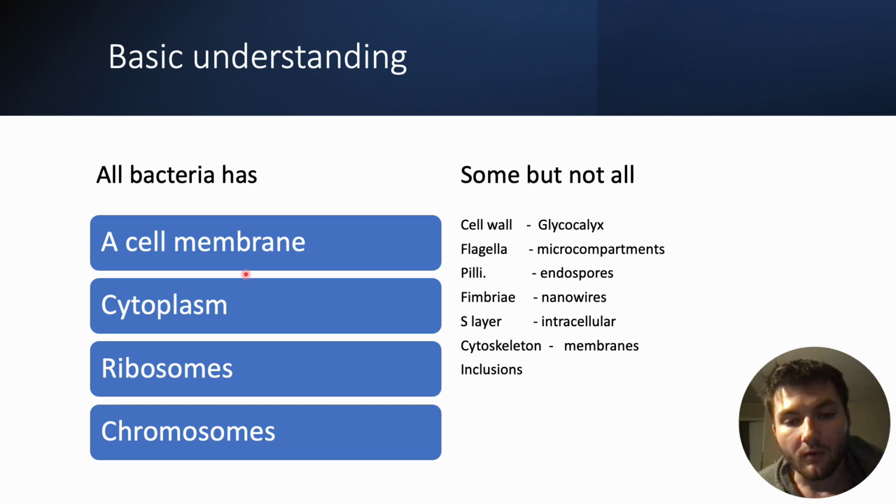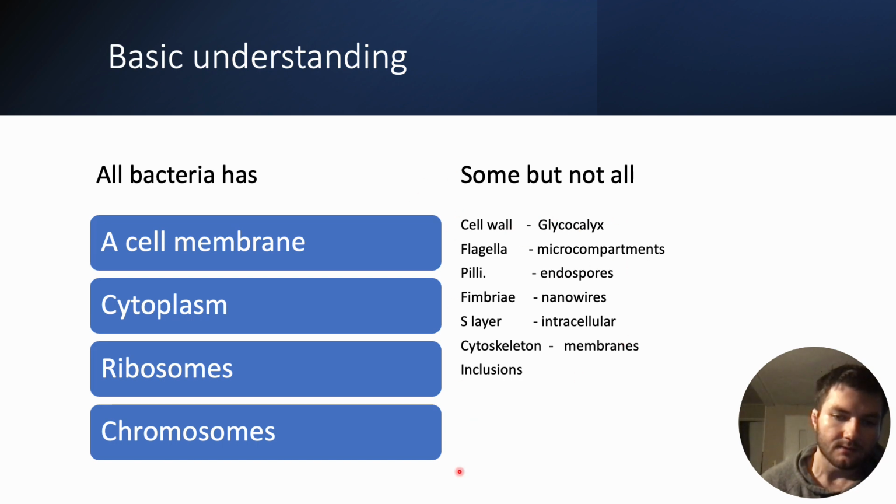Some but not all bacteria have cell walls, flagella, membrane, S-layer, cytoskeleton, inclusions, membranes, intracellular nanowires, endospores, microcompartments, and glycocalyx. So this is essentially what all bacteria have, but this is the subcategory of things that some, but not all, bacteria have.